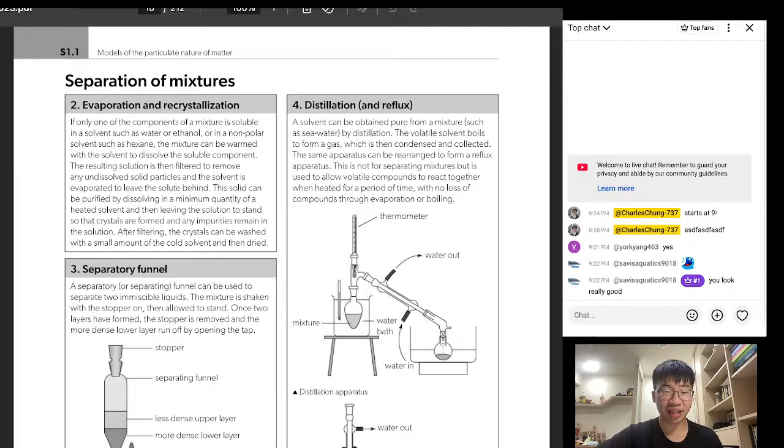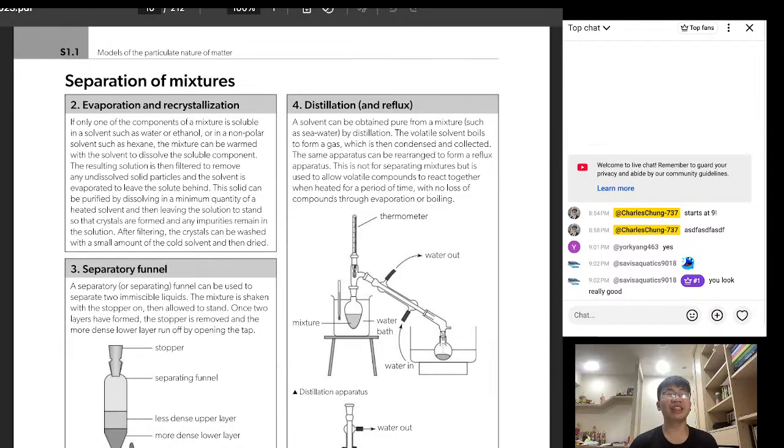I'll start by talking about the separations of mixtures. That's all the way back to structure one. I think I put a list of other topics in the description of other videos on IB chemistry, because this exam will go through everything before. First, separation of mixtures.